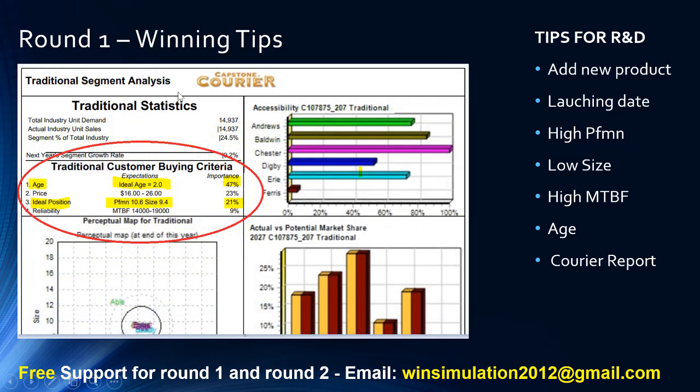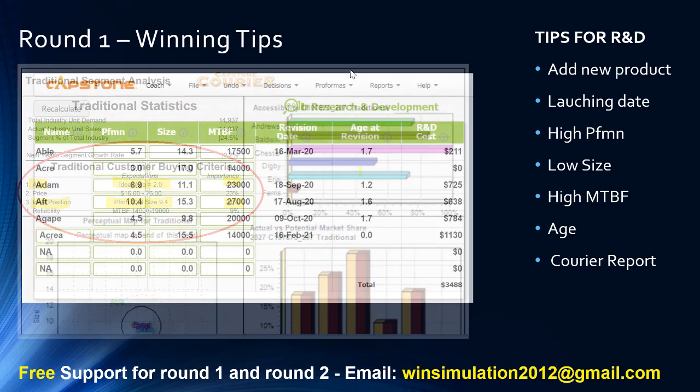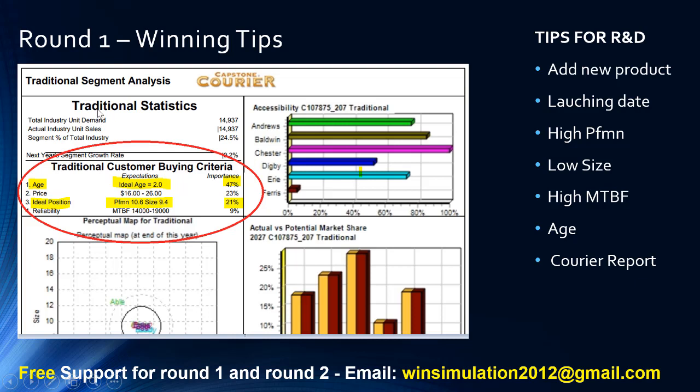And this is a sample of the screen. You download the report from here, and then you get a screen like this. That's a sample of the traditional segment. So we have traditional, low end, high end, performance, and size segments. For each segment, you look at this Capstone report and you see that the customer buying criteria are different.